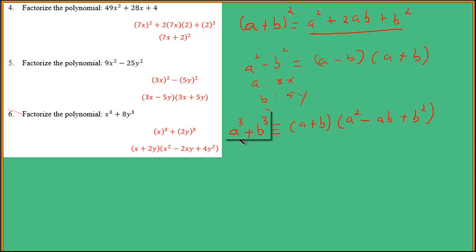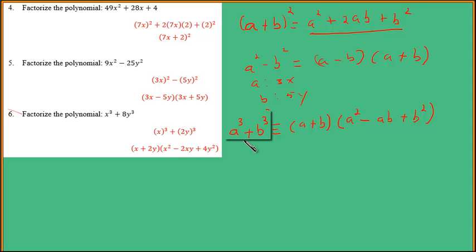And so here the a is like your x and the b is like your 2y. So it's x plus 2y, and here it's x squared, and then a times b, x times 2y, which is 2xy. There needs to be a minus sign here, and then the last term is the b squared, and so that's 2y quantity squared, which gives us 4y squared.